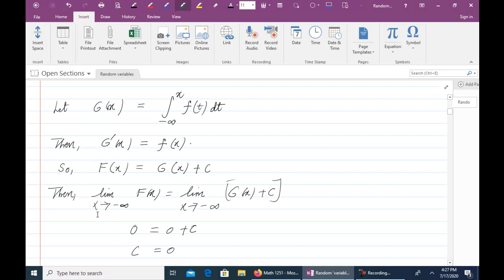Well, the limit as x goes to negative infinity of F of x is the same as the limit as x goes to negative infinity of G of x plus C, because F and G of x plus C are the same.